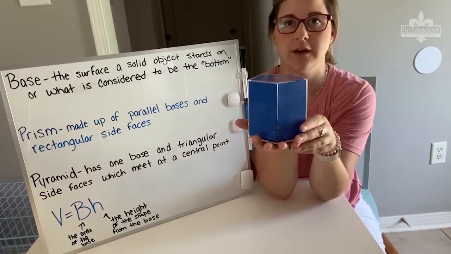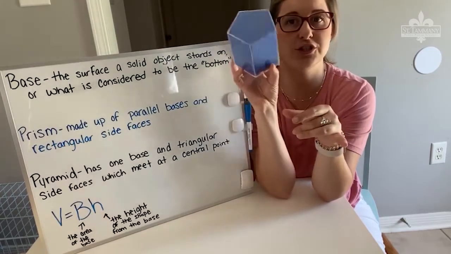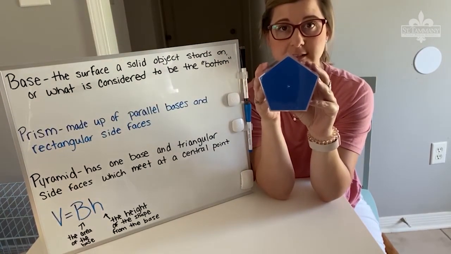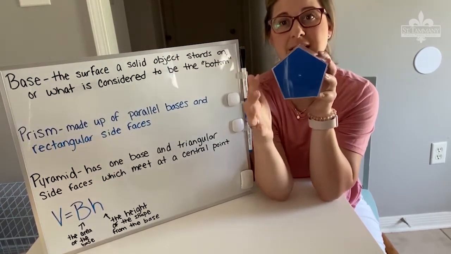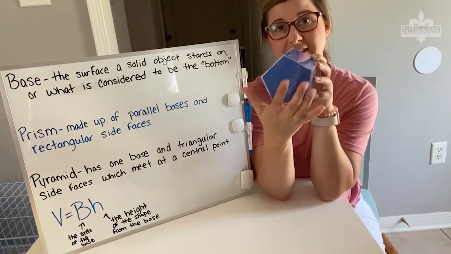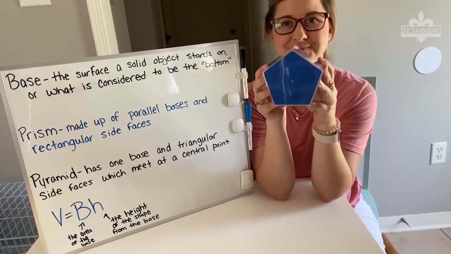So where does our name come from? Good, it comes from the base, so you need to see what shape that base is. Does anybody know what shape this base is? Good, it is a pentagon because it has 5 sides. 1, 2, 3, 4, 5. And so we would call this a pentagonal prism.